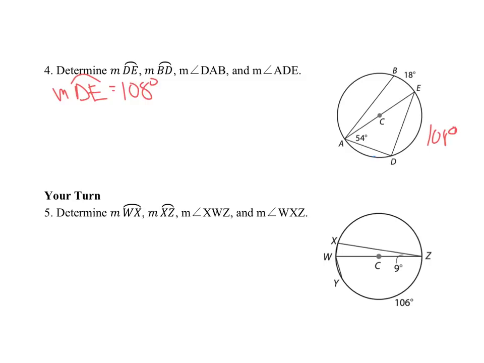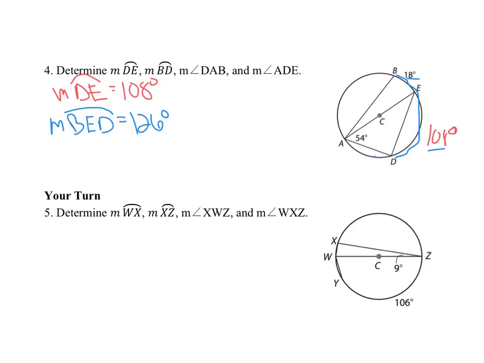You never get in trouble for having more letters to describe specifically which way you're going as opposed to less. So then if we want BED going that direction, it's just arc addition. So we have 18 plus 108. So then we say the measure of arc BED is 108 plus 18, which is 126.